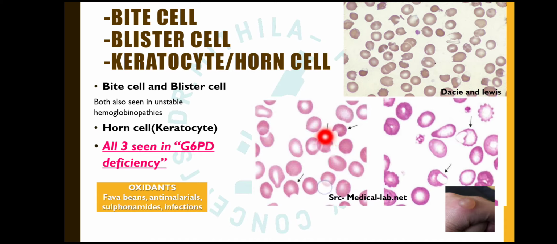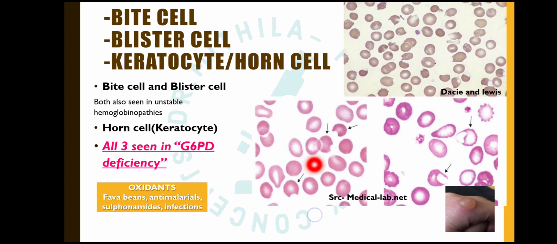Generally there is a Heinz body, which is denatured hemoglobin, seen in case of G6PD deficiency. When denatured hemoglobin is present in the RBC, it's generally seen near the membrane, and the splenic macrophages take a bite out of these cells containing the Heinz bodies, and a bite cell is formed.